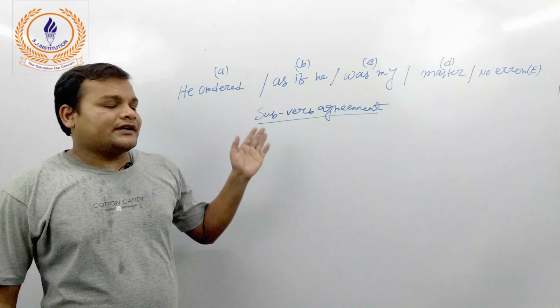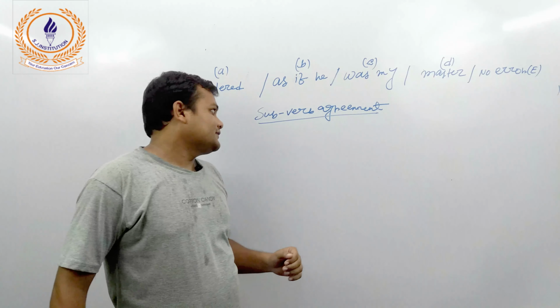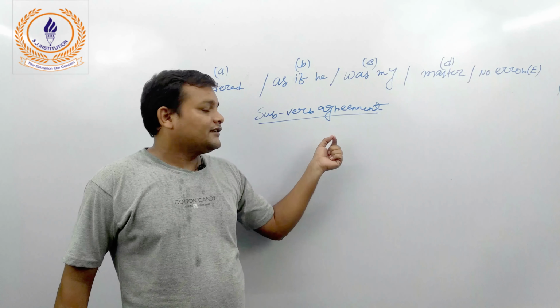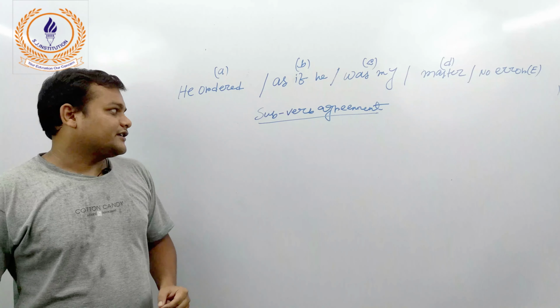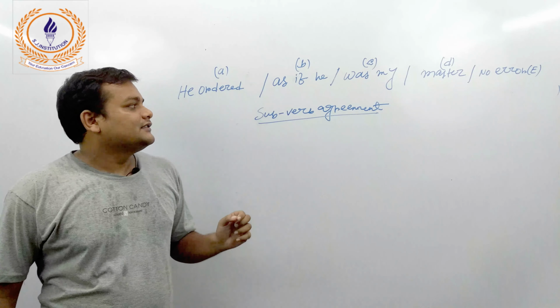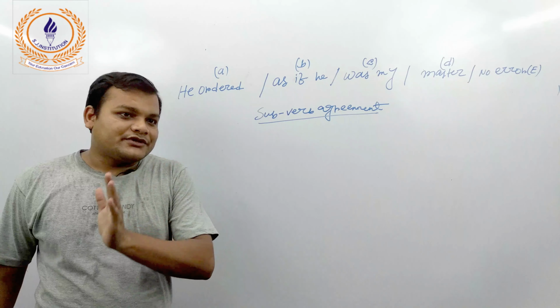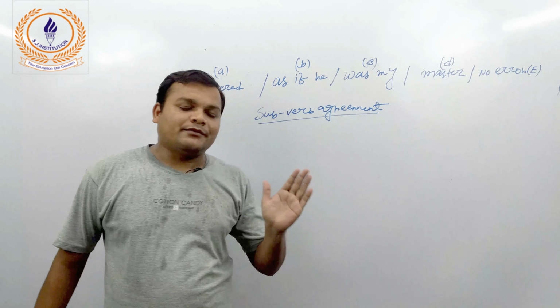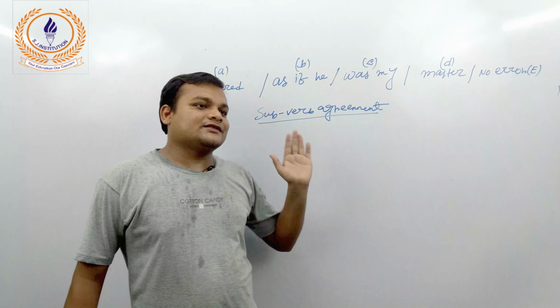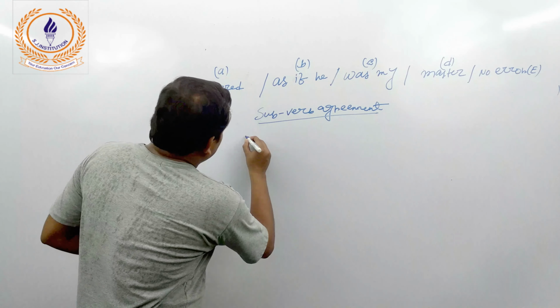What is subject-verb agreement? The very name gives us a hint. The subject of a sentence must agree with the verb of the sentence. So the basic concept is the verb must be singular when the subject is singular, the verb must be plural when the subject is plural, and they must agree in 2 ways.